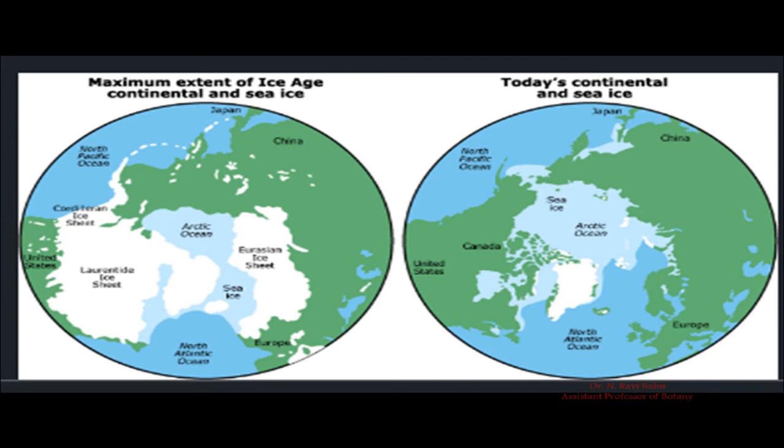Once again, during the Pleistocene period or the ice ages, about 30,000 years ago, great continental ice sheets covered much of the temperate latitudes.